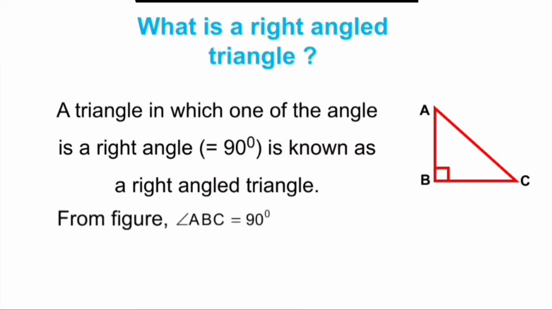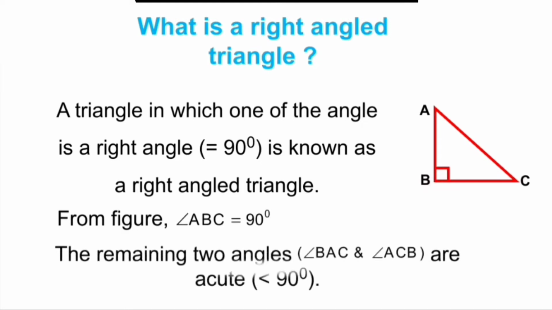Children, from the figure, angle ABC is equal to 90 degrees. Next, the remaining two angles, angle BAC and angle ACB, are acute, which means they always measure less than 90 degrees.